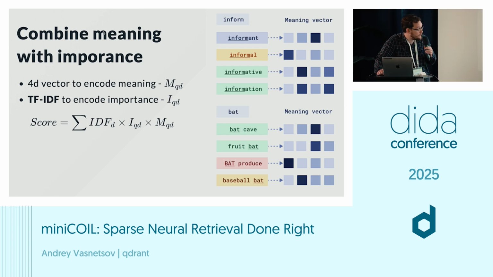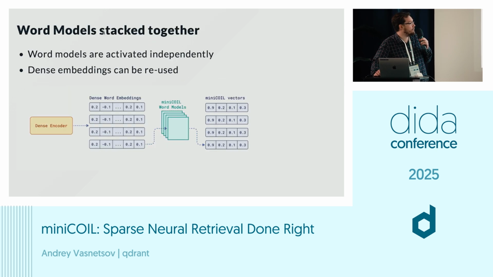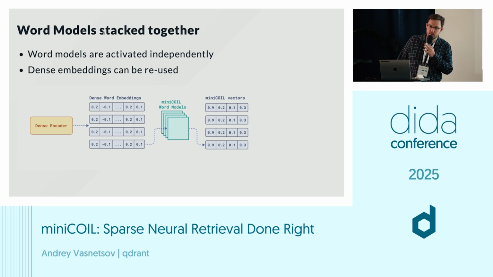Yeah, great question. So our model is as language agnostic as the original dense embedding. So if you use something like a multilingual transformer, you can train miniCOIL to be multilingual as well. If the original transformer is strictly English, then miniCOIL as a result will also be strictly English.